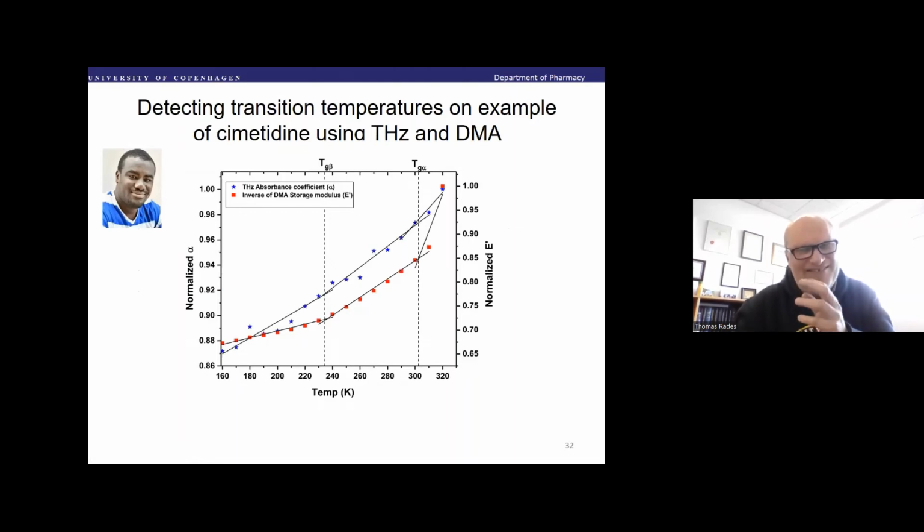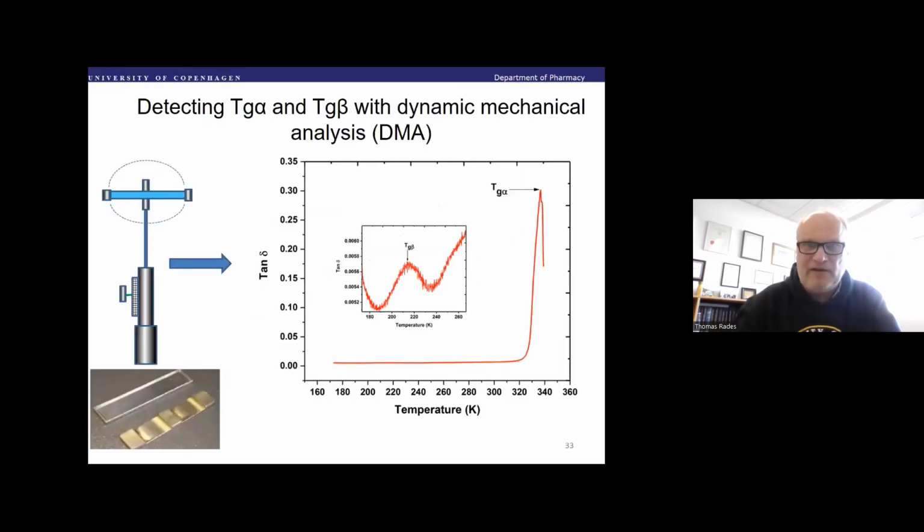It's more like an individual molecular relaxation process, as opposed to the cooperative motions that cease to occur below the glass transition temperature. If you look at the DMA thermograms here, we see nothing, nothing, nothing, nothing, big peak. That's the glass transition temperature. But if we zoom in on this area, we see that this nothing isn't nothing: there is a second peak, and this second peak is the beta relaxation.